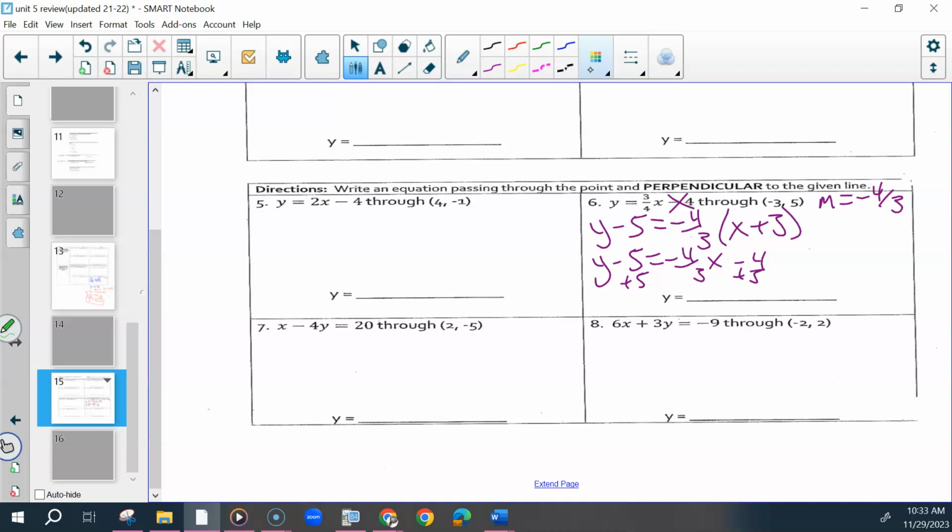So our perpendicular equation is y equals -4/3 x plus 1. I don't know why I did that. I was looking at this 5, you have 3, 4.